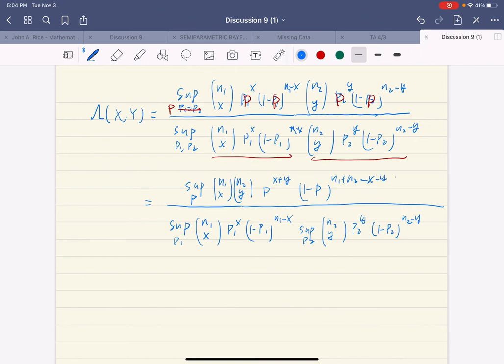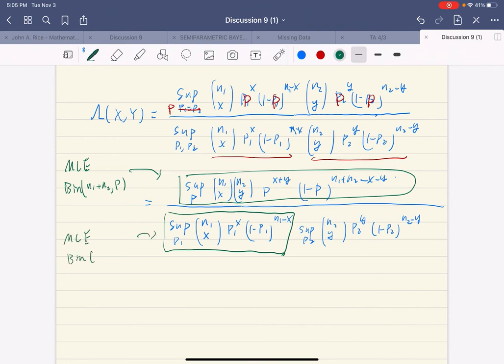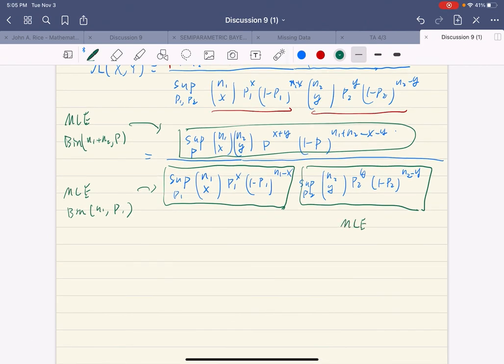Okay. So now you can see we have three MLEs. This term is the MLE for the data binomial with n1 plus n2 with parameter p. This term is the MLE with the binomial n1, p1. And this term is the MLE for binomial n2, p2.